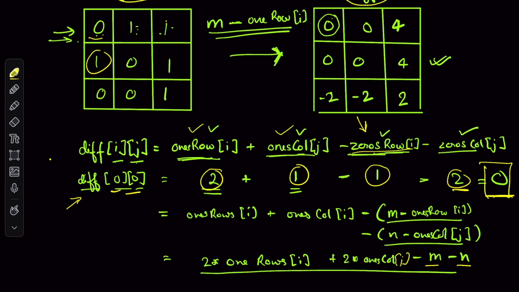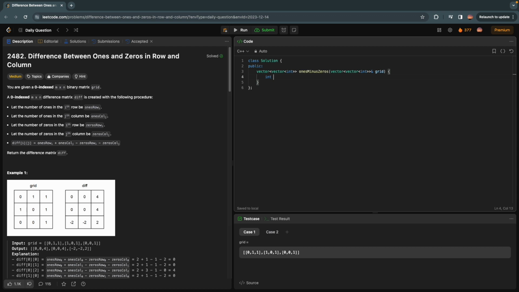Now let's look at the code. Create variables which will store the dimensions of the grid. m will store the number of rows and n will store the number of columns.